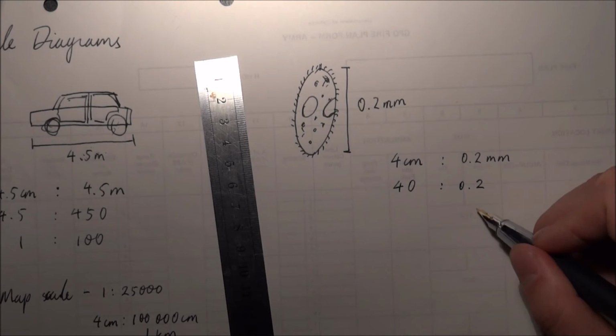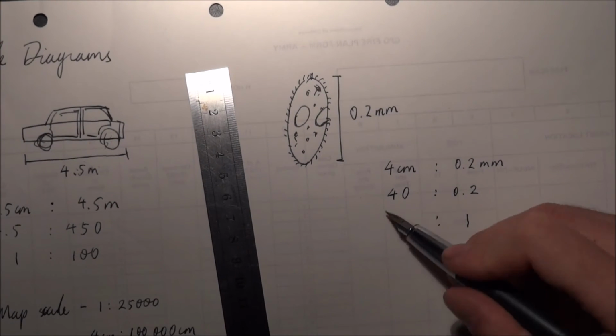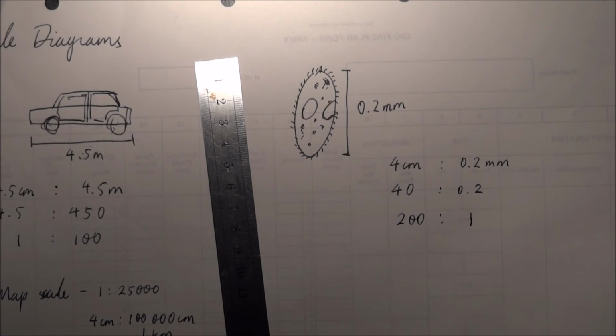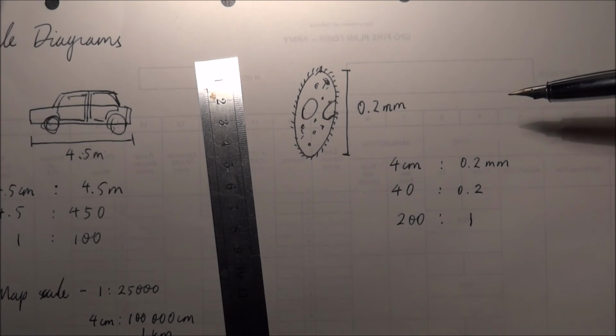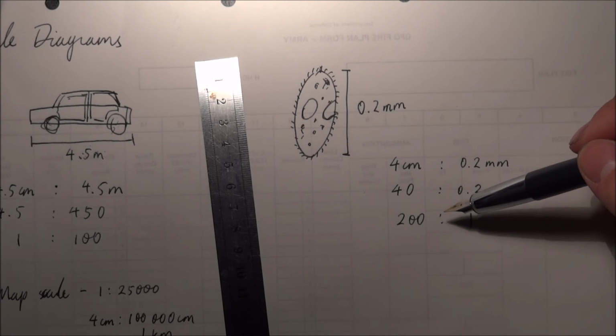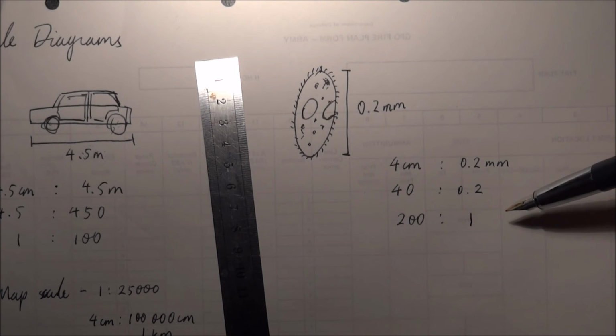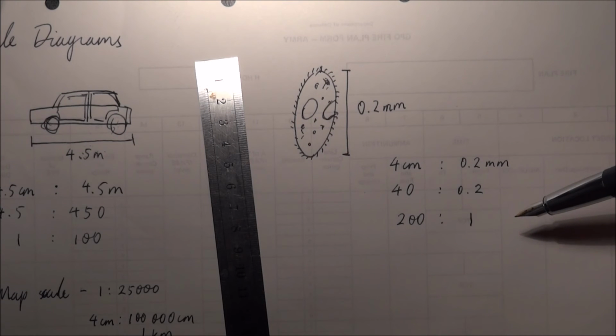So obviously this one times 5 equals 1 times 5, 200. Well, in this case, all it means is that 200 units in the diagram means 1 unit in real life. So if it's, say, 200 millimeters long in the diagram, it's only 1 millimeter long in real life.